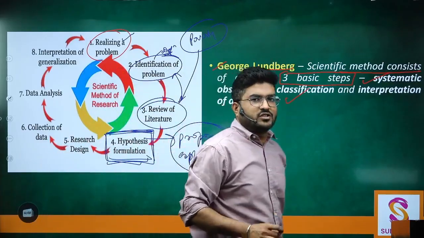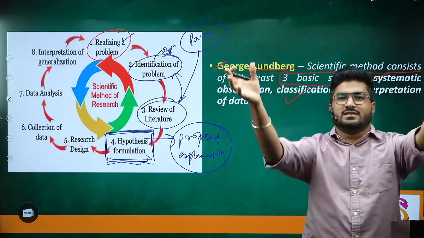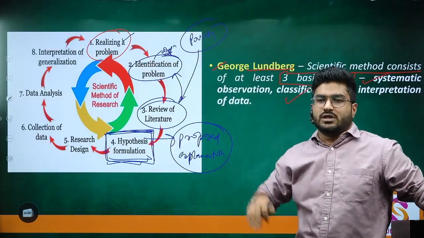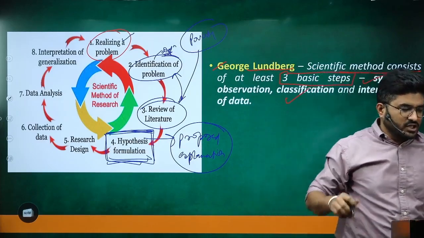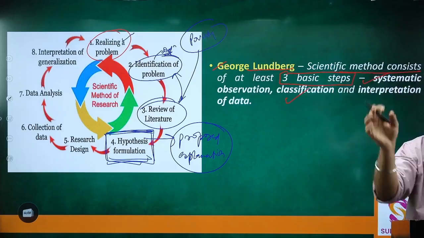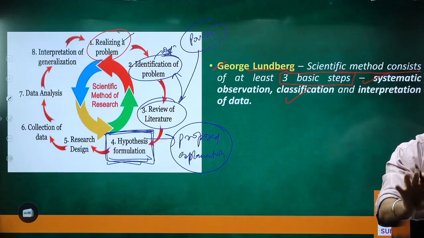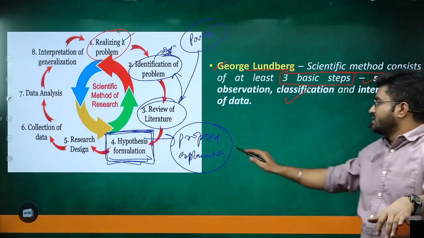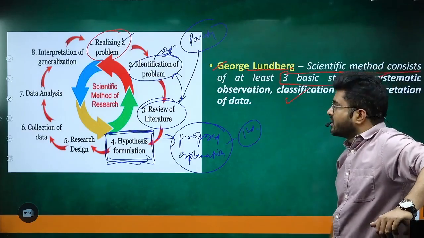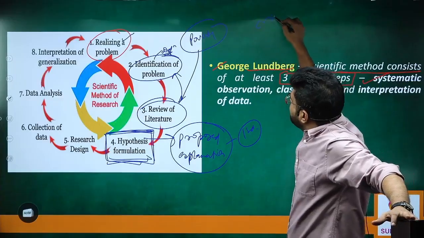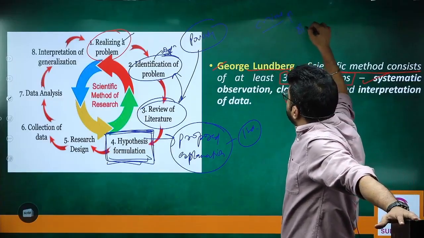Hypothesis basically is not a real existence. It is just a thought process. Hypothesis is basically an explanation made on the basis of limited evidence. A proposed explanation which we make on the basis of limited observations, limited data. For example, when we say that crime rate is high in slums.